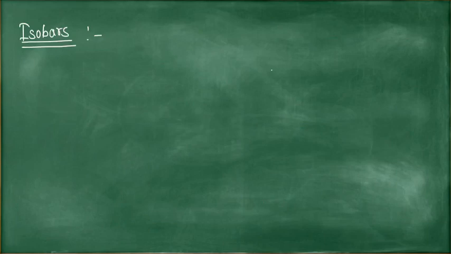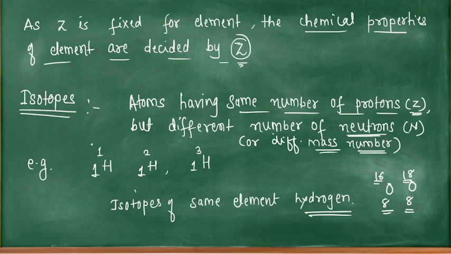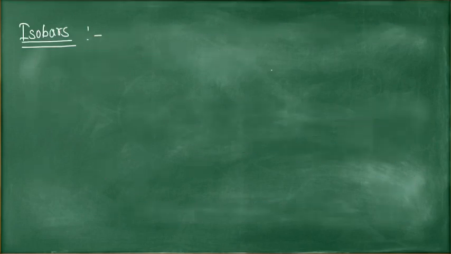Isotopes you can remember this way also: this P indicates protons. Protons same means Z same. You can remember it this way also.